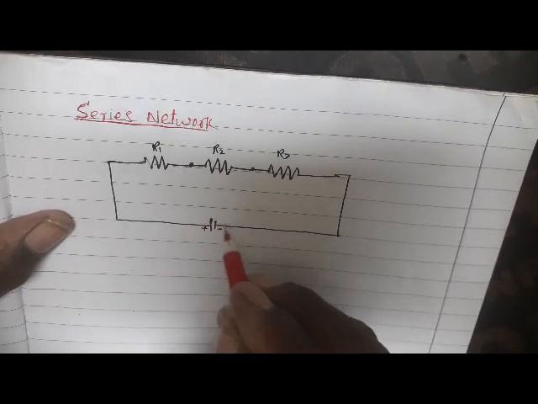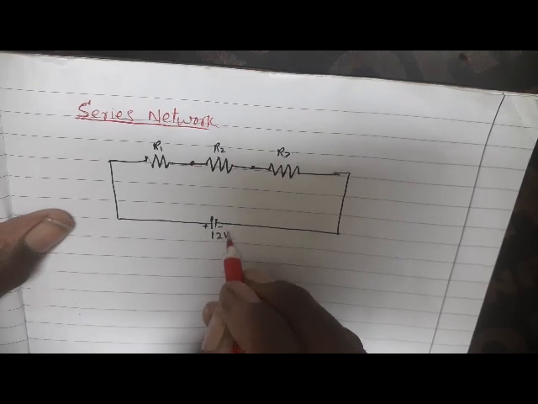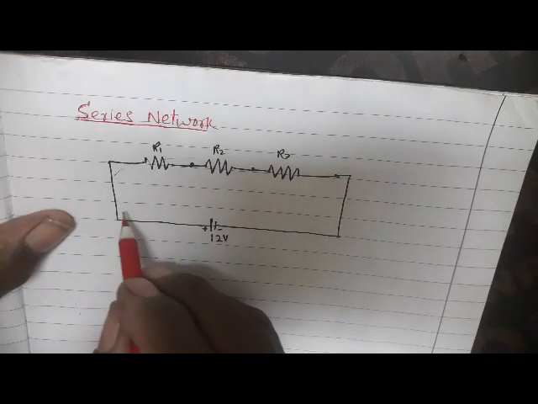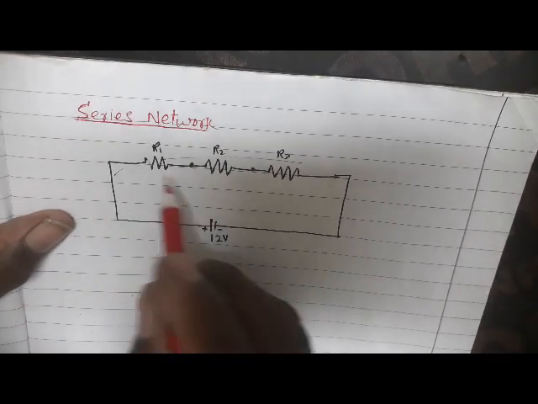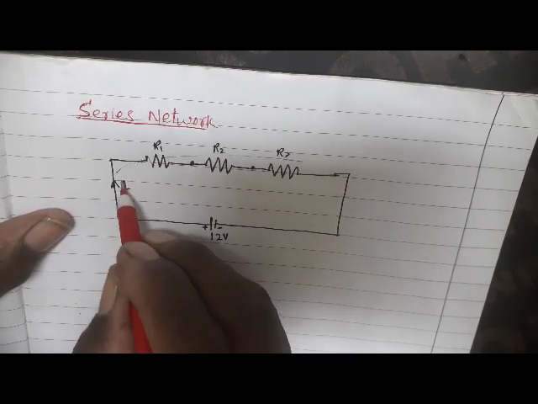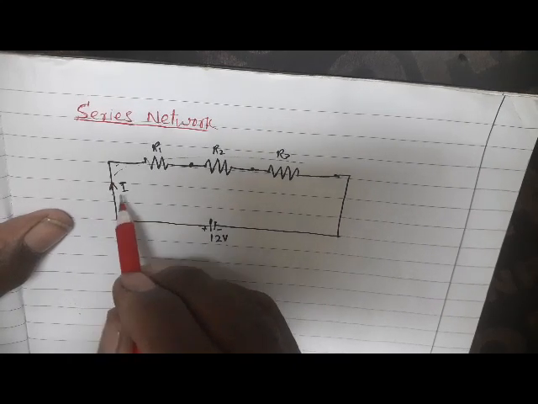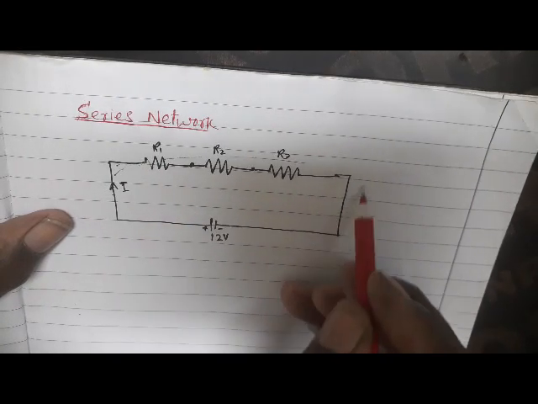Suppose this battery is a 12-volt battery, and current is flowing through this circuit. This is a series circuit. So current I, only the same current, because there is only one path, so the same current I is passing through each resistor.